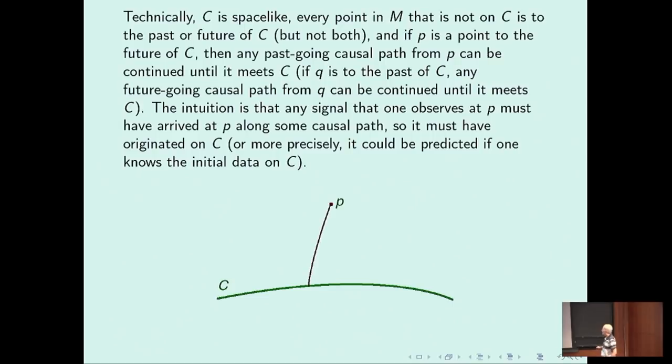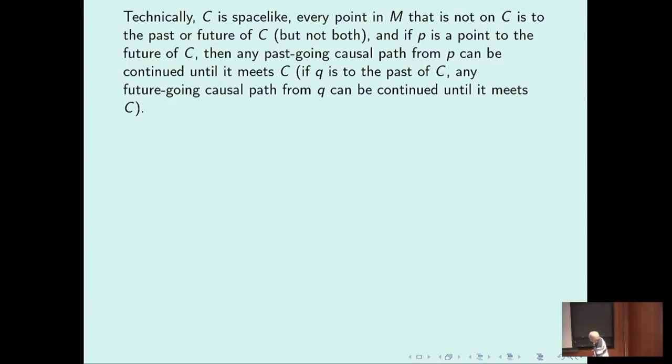And if you know where something came from, well, it started on C farther back, or maybe it started somewhere else on C farther back. But whatever path by which a signal arrived at P can be traced back till it ultimately came from C. That's meant to be the intuition, and the technical statement that matches the intuition was in this sentence.